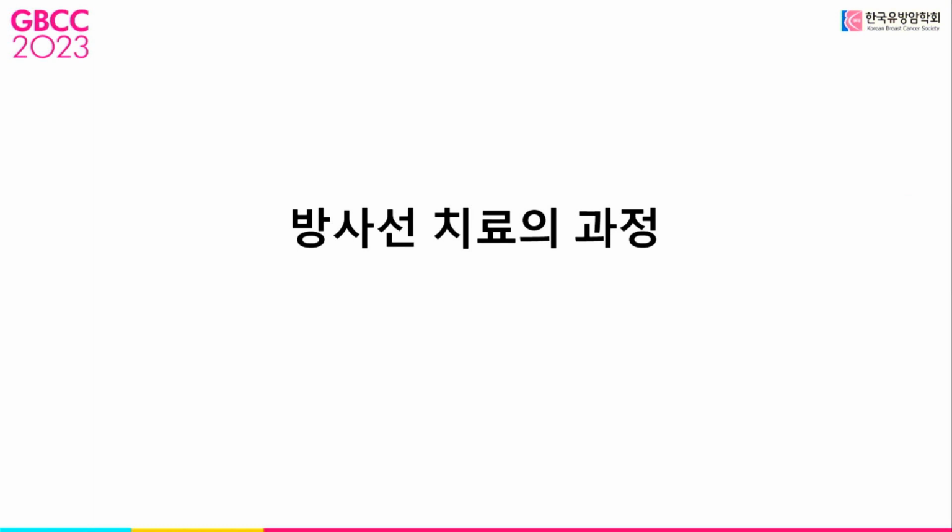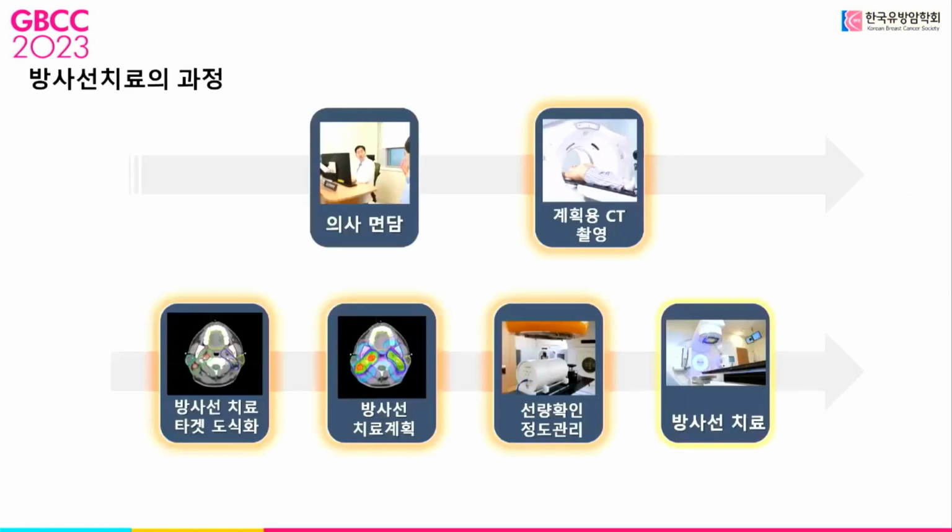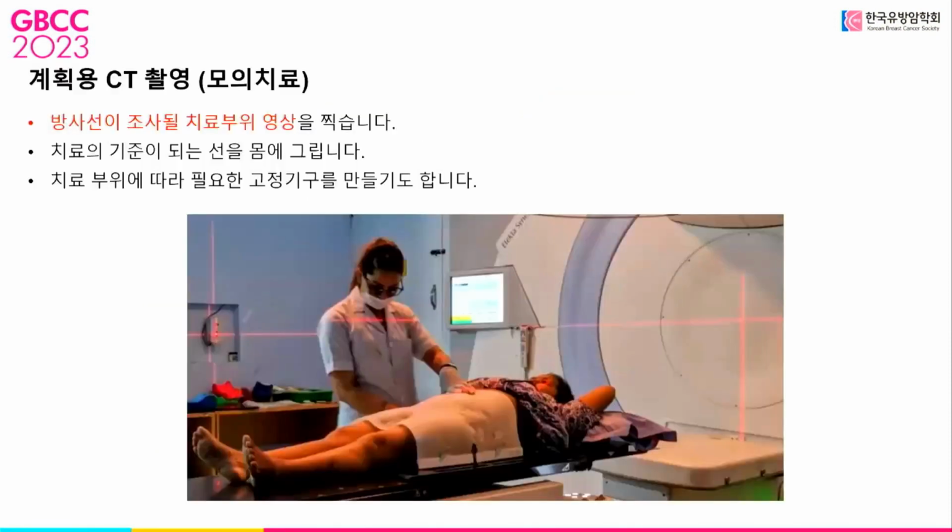First, let's take a brief look at the process of post-radiation treatment. So first, you have counseling with the physician and you have the CT scan of the treatment site for radiotherapy planning. Once the ACPs complete radiotherapy planning based on the CT scan, then radiation therapy will begin.